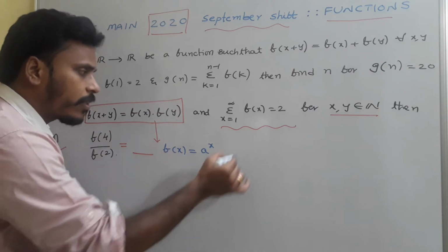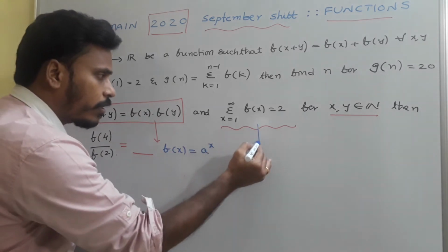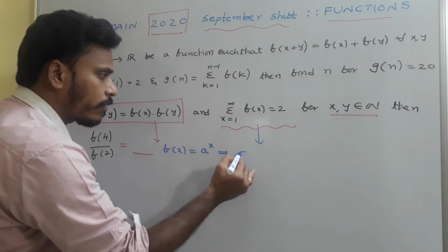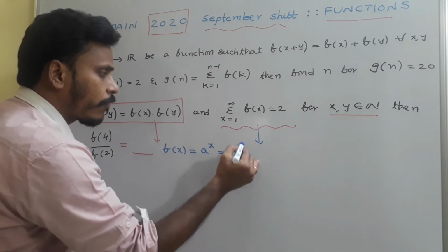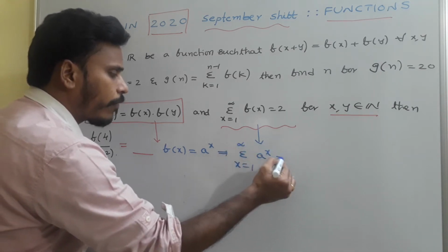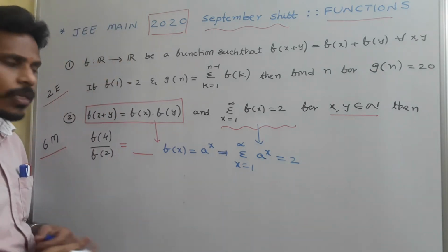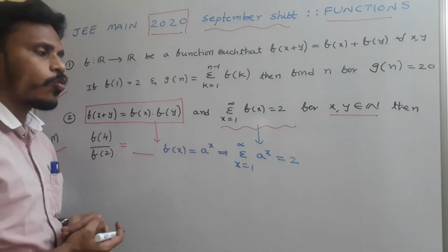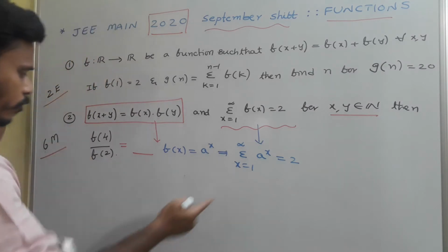When you apply this a power x here, then from this we can comfortably write sigma x running from 1 to infinity a power x is equals to 2. Right.